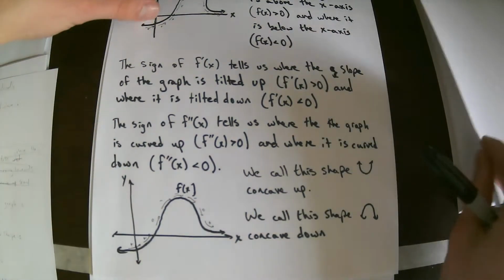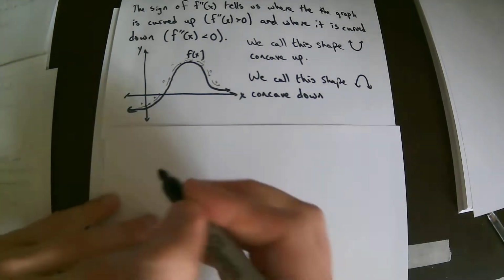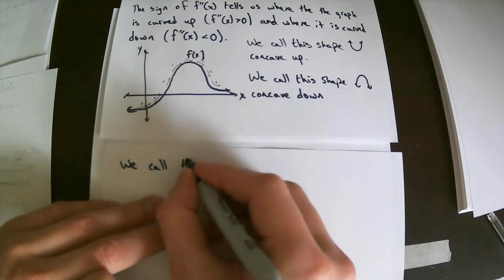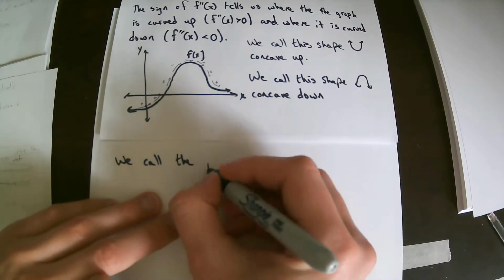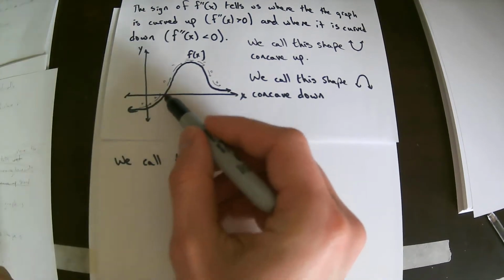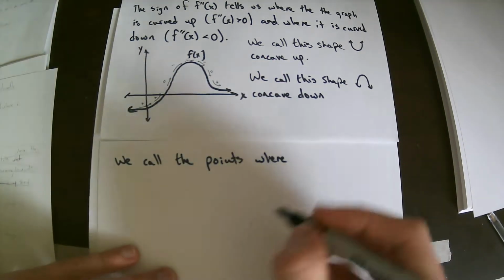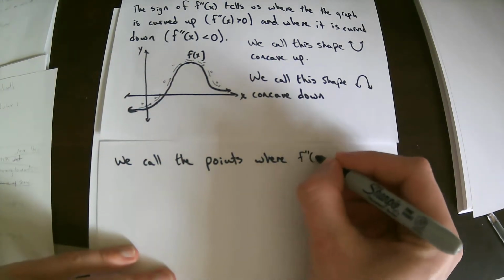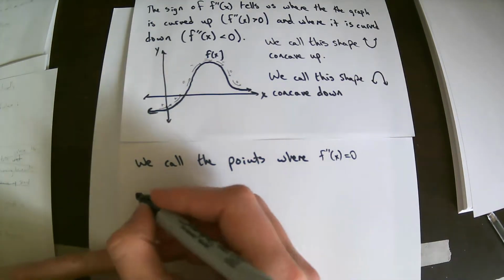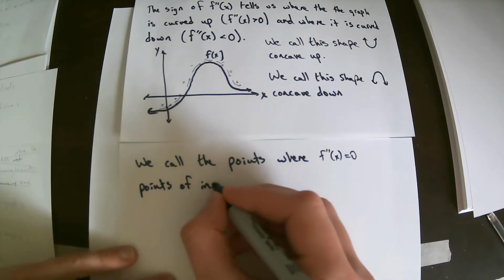Now, next thing. We call these 0 points, so continuing from here, we call the points where it changes from positive to negative concavity, or from negative to positive concavity, I'll say where f double prime of x is equal to 0, we call those points points of inflection.